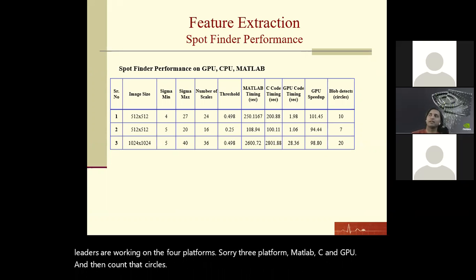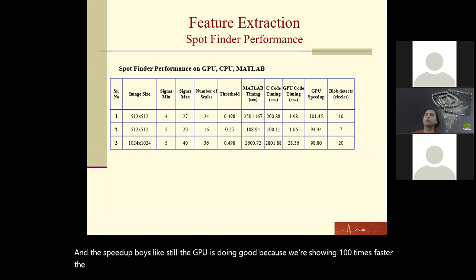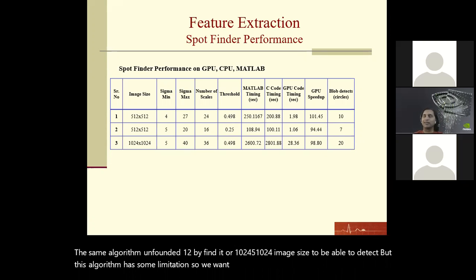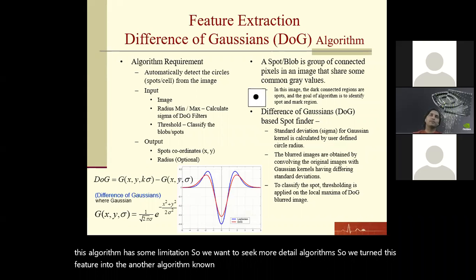On speedup, the GPU is still doing well because we are showing 100 times faster for the same algorithm on 512 by 512 or 1024 by 1024 image sizes. But this algorithm has some limitations, so we want to seek a more detailed algorithm. So we turned this feature into another algorithm known as the Difference of Gaussian algorithm.